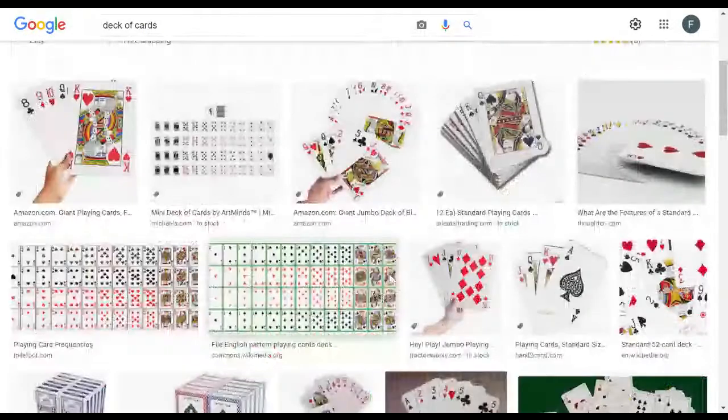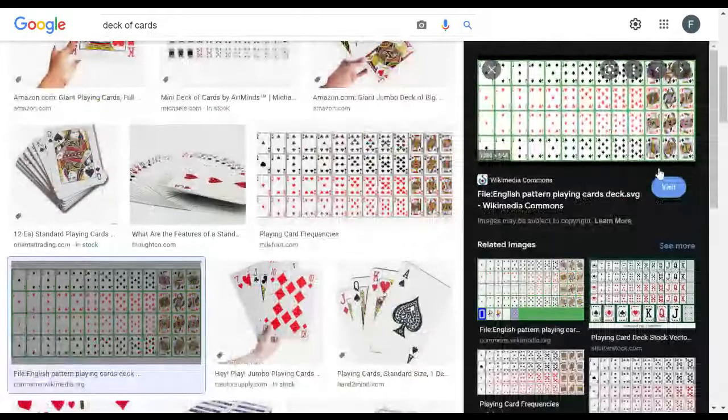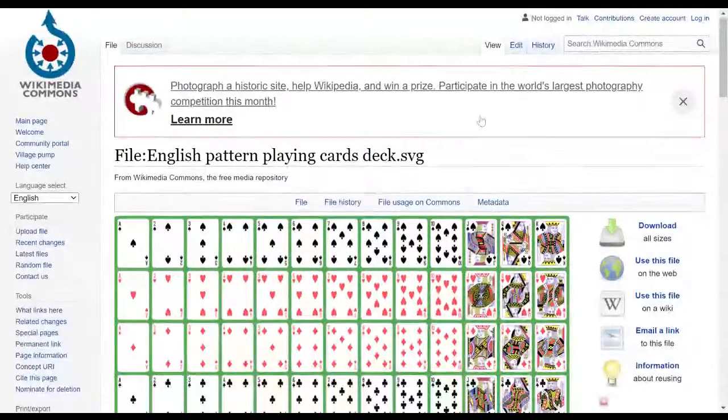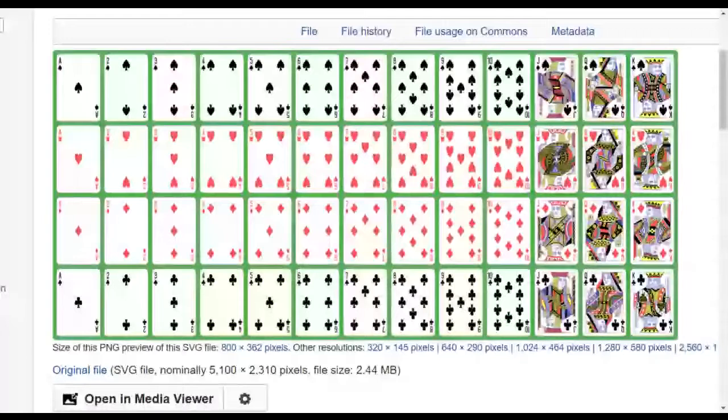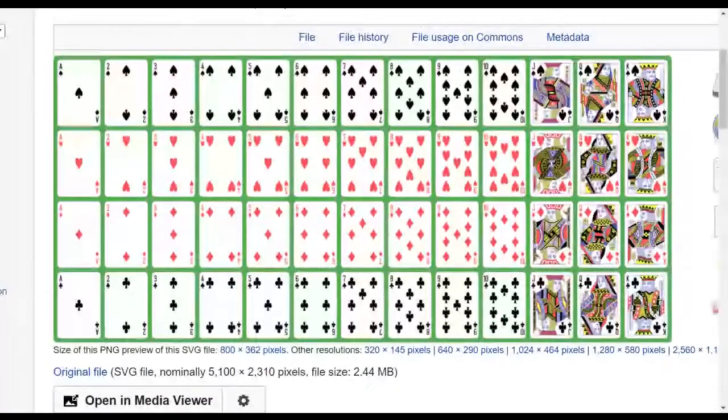And let me see. I'm going to see if I can pull up this one here. And let me see if this is going to let me do this. If I click on this. And I don't know if I'm still showing the same. Yeah, okay. Let me share that screen with you guys because that one went away. And here we go. I think this is it. Yeah, here we go. And then what you can do is something like that. There we go. And now you have an idea of what a deck of cards looks like.